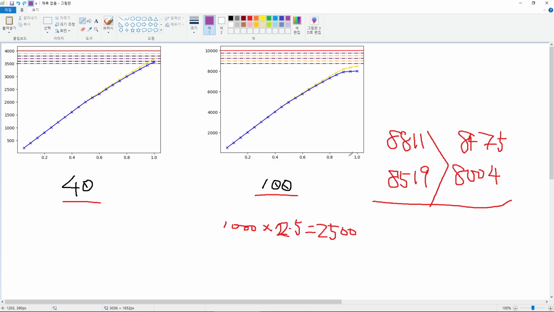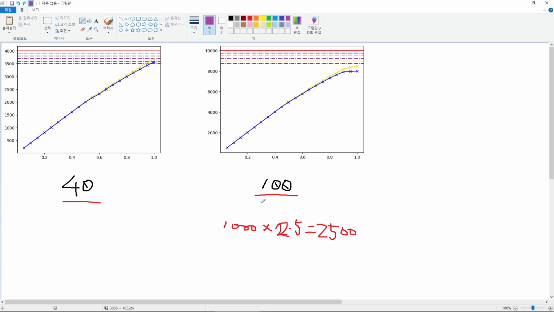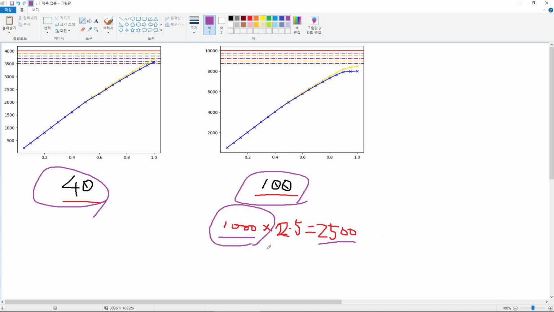But wait, one problem here is that this takes longer than this, of course, and now that we have 2500 entities in the population instead of 1000, it just takes even longer.